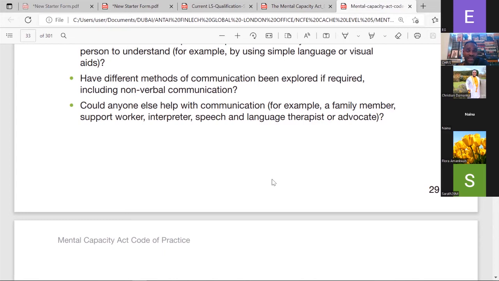Support workers and care workers could be involved. I already talked about interpreters. We could also use speech and language therapists, especially in situations where the individual is suffering from stroke or otherwise. Then there could also be advocates. Advocates are people who help convey the views, the wishes, and the opinions of the people and fight for their rights to be upheld.